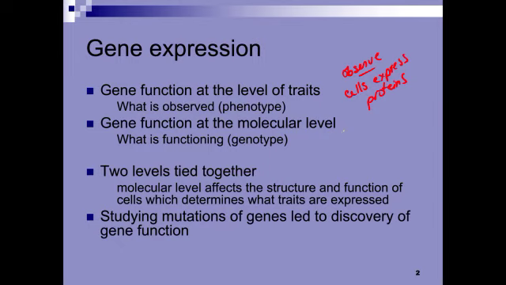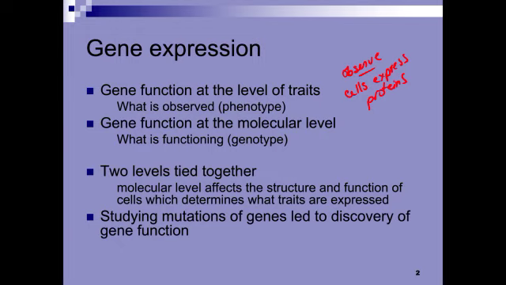So not only do we have what we see, such as a physical trait like skin color or hair color or eye color or height, what we also need to remember as a phenotype is that an individual cell has a phenotype, and that individual cell's phenotype is its proteome, the collection of proteins that it is expressing, that it is using.